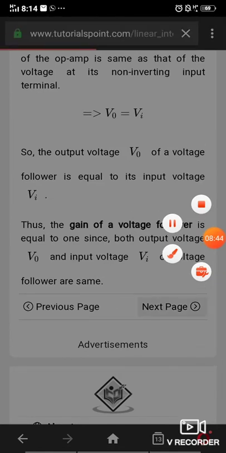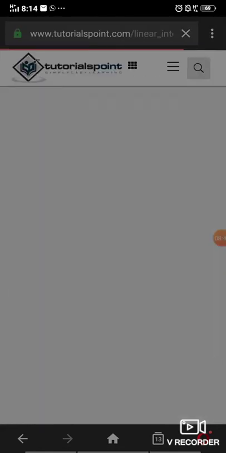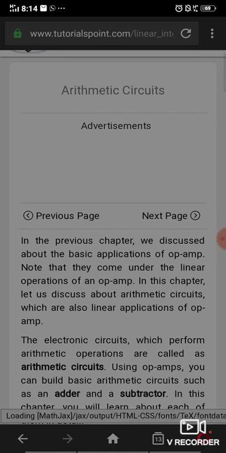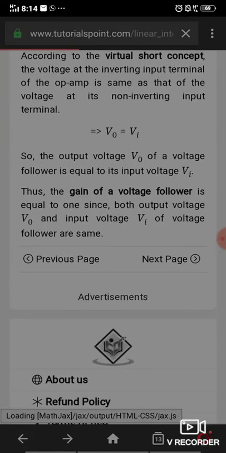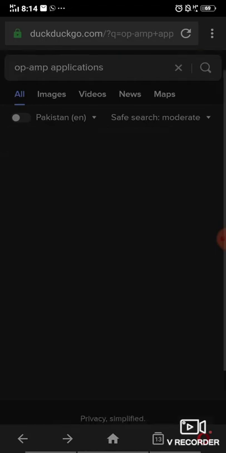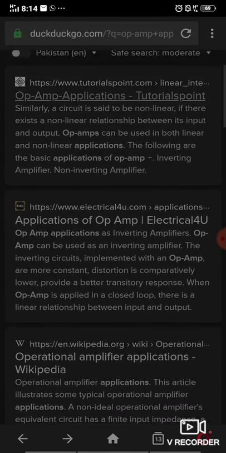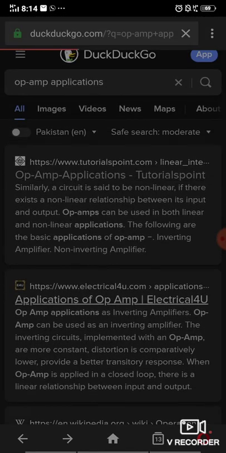So we go on to the next page. They come under the linear operation of an op-amp. So we go back from this site and open a new website.